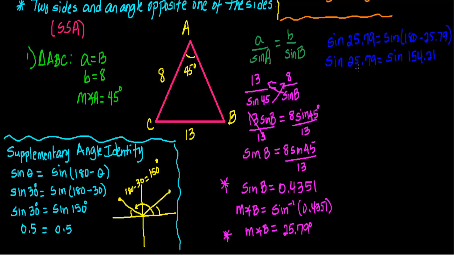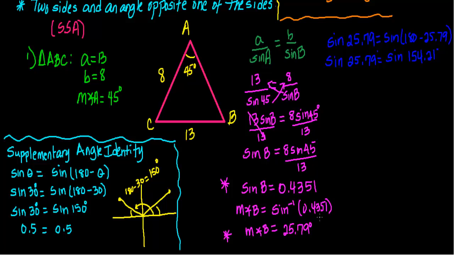If you take the sine of 25.79, you will get 0.4351. If you take the sine of 154.21 degrees, you will also get 0.4351. You can check this in your calculator.